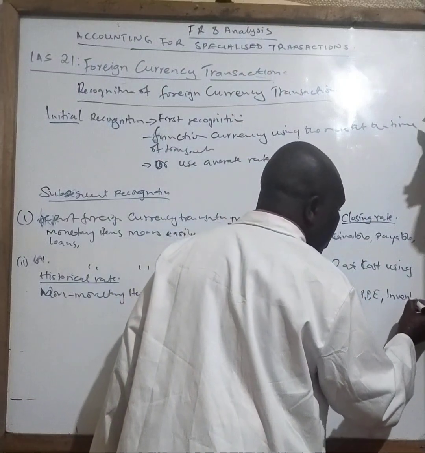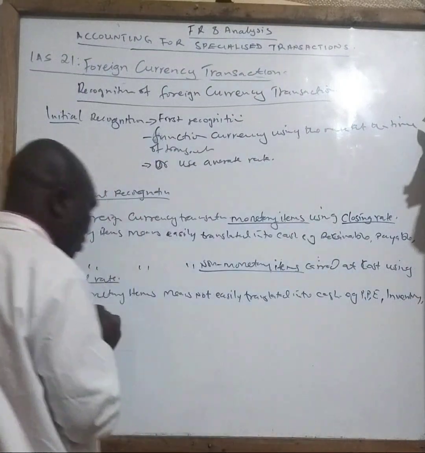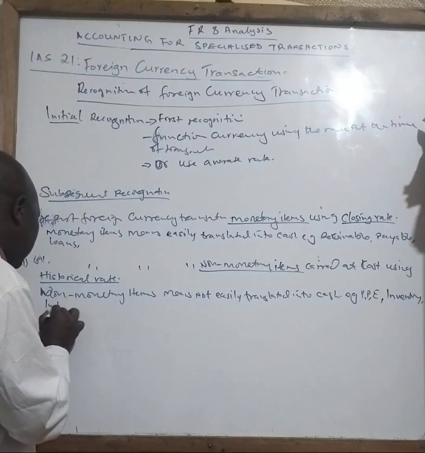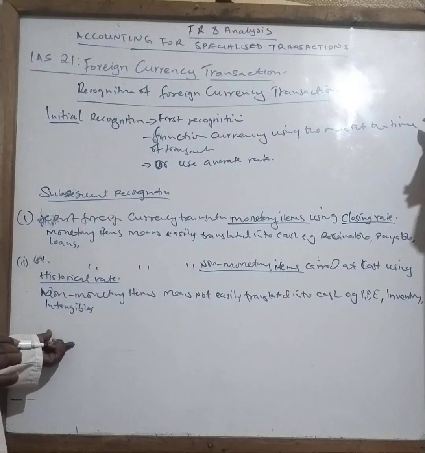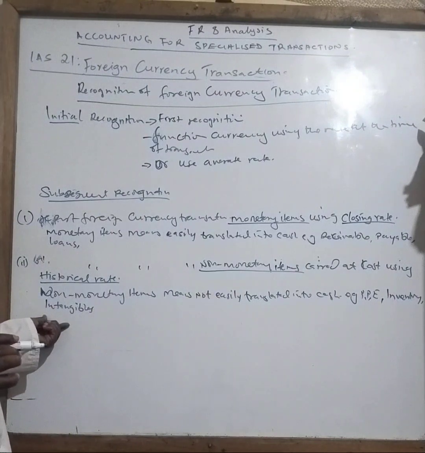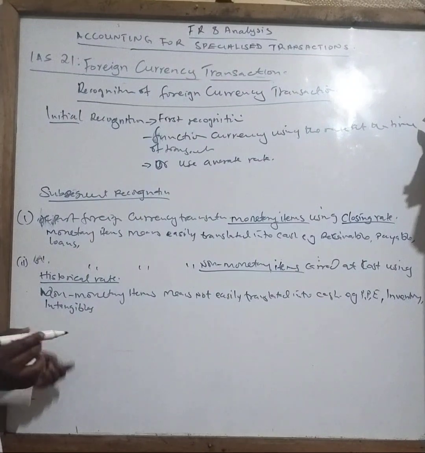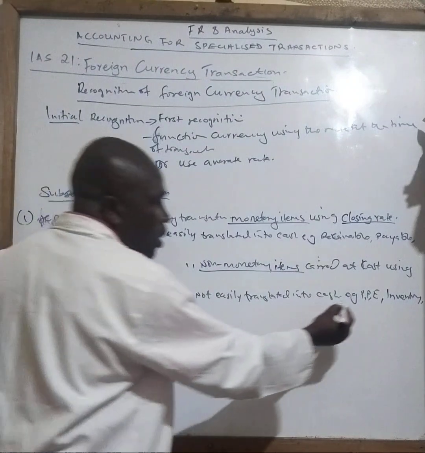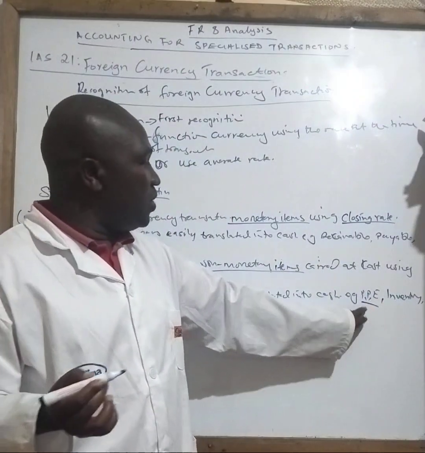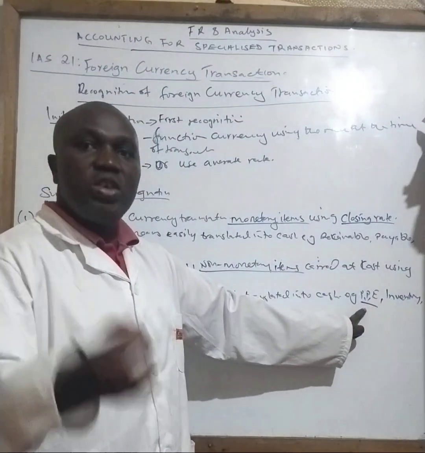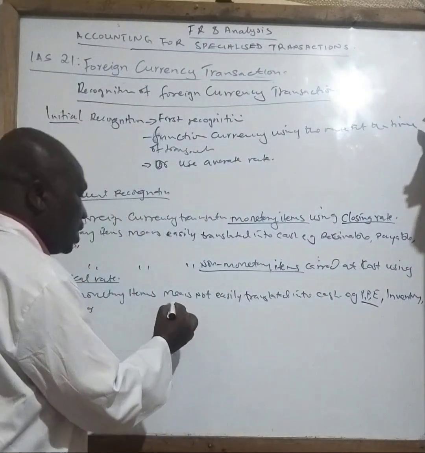Inventory or stock, intangible assets, these are examples. Why? Because for this property, plant, and equipment, you have to look for the customer first and convert this into receivables first. So it will take time. That is why it is called what?